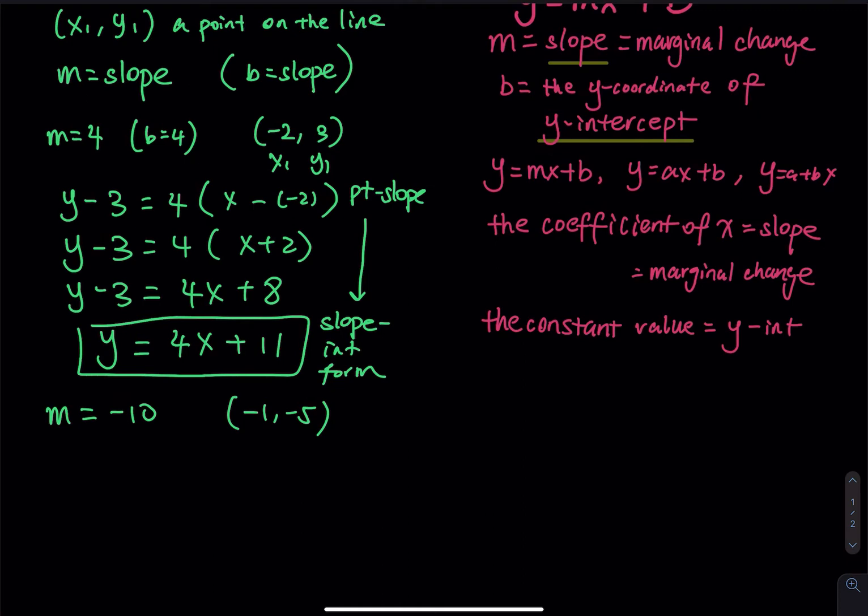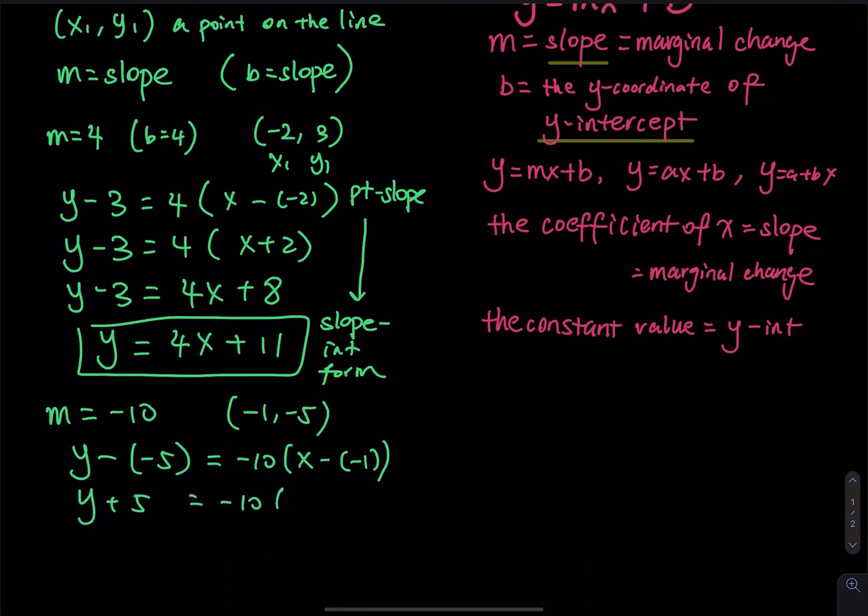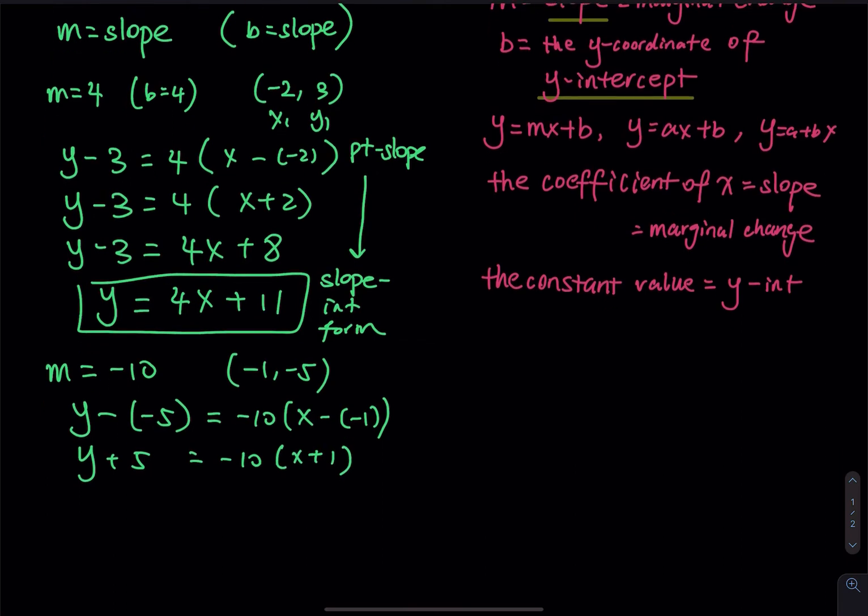To build the Point-Slope Form, you have y minus y1. So y minus -5 equals the slope times x minus x1. All right, y plus 5 equals -10 times x plus 1. The next step is you distribute the -10, so -10 times x, and then -10 times 1, which is -10, right?